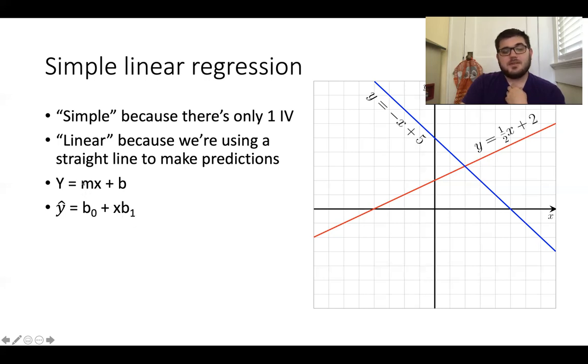It's the same thing. Slope times x plus b is the same thing as b plus x times slope. We change slope from being an m to being a b sub 1. We change the intercept from being a b to being a b sub 0.